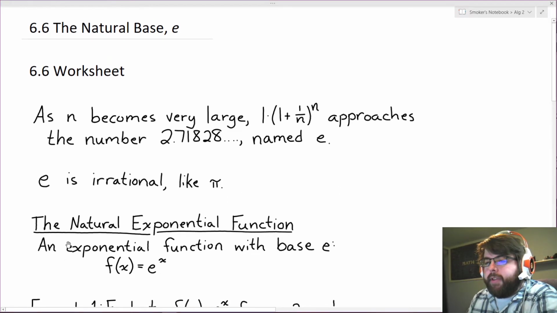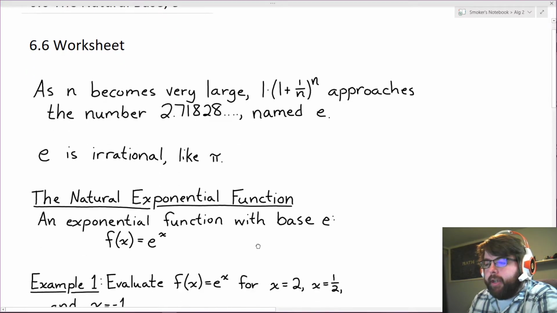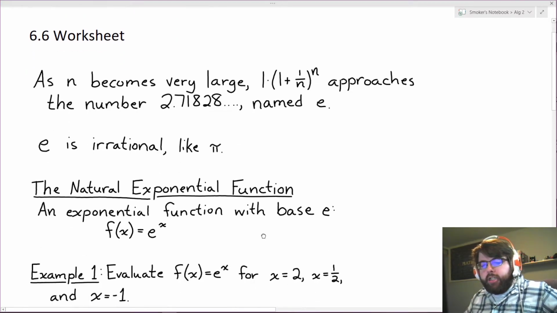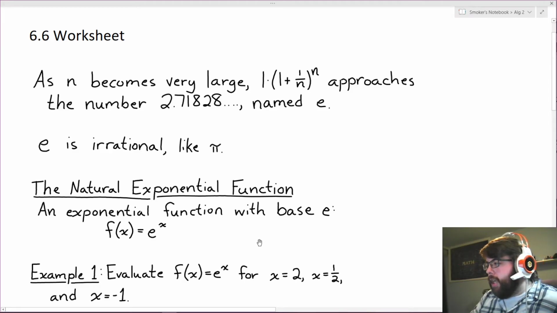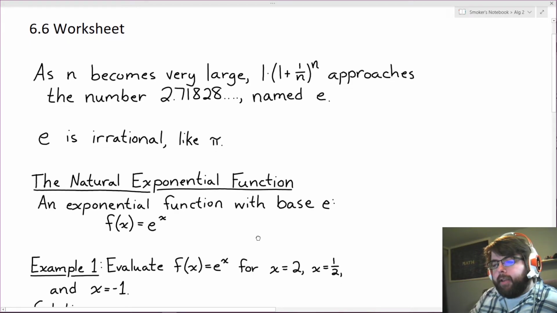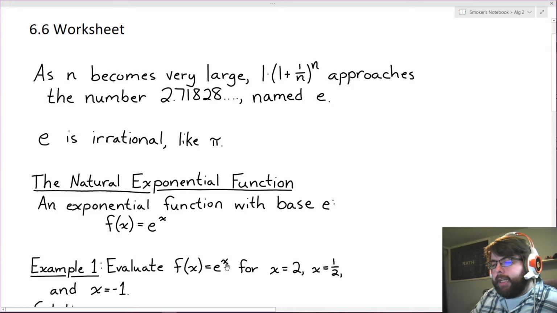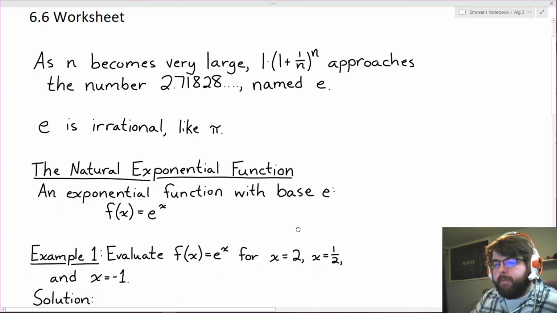So this gives us the natural exponential function, an exponential function with base e. Just think of this like 2 to the x. F of x equals e to the x is called the natural exponential function. We're going to do some simple evaluation of this. Evaluate f of x equal to e to the x for x equal to 2, x equal to 1/2, and x equal to -1.